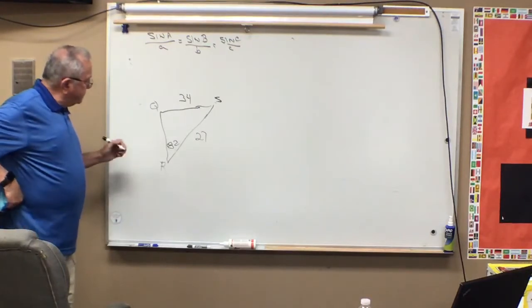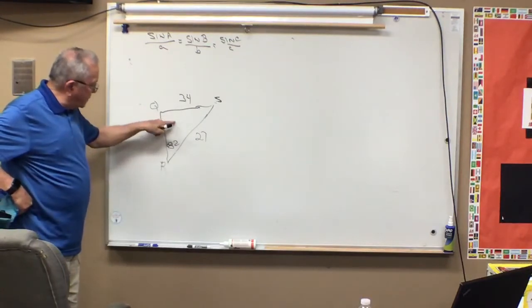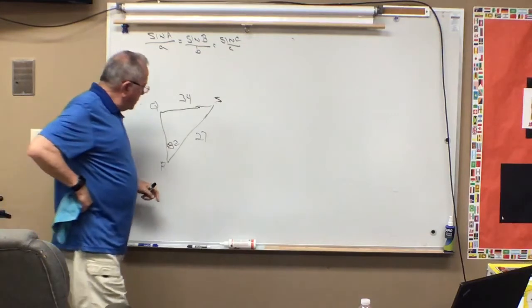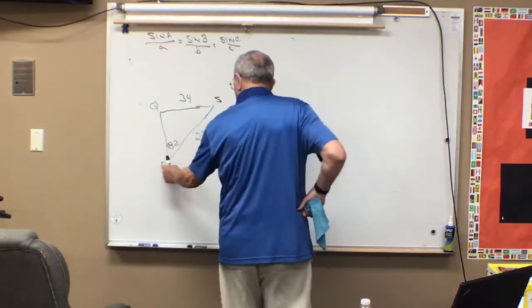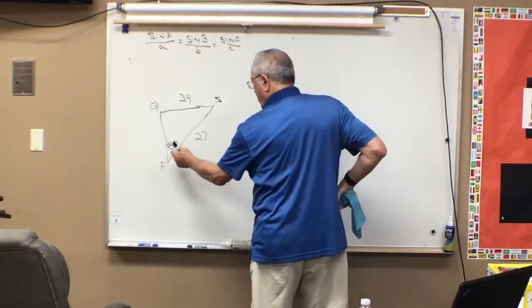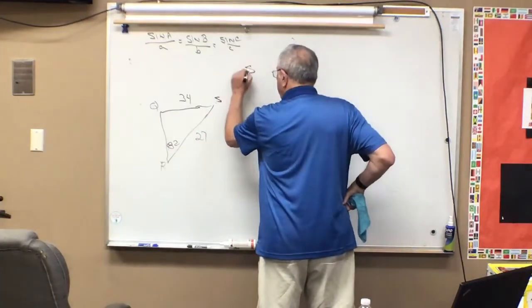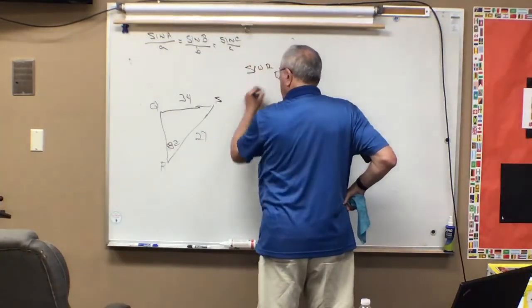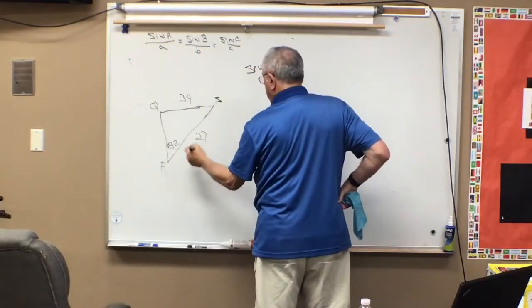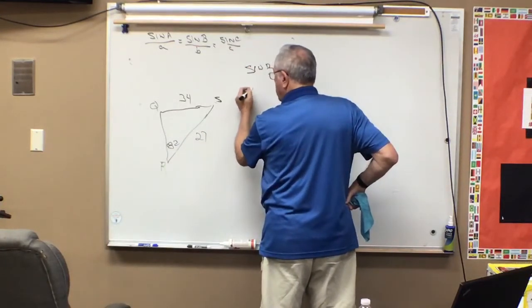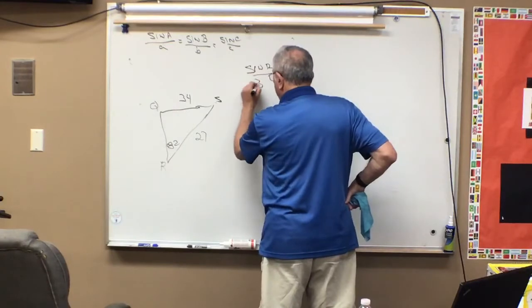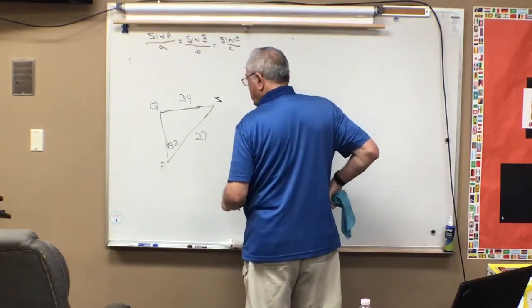I want to find this angle here, don't I? So can I go like this? I'm going to use the sine of R over 34, correct?